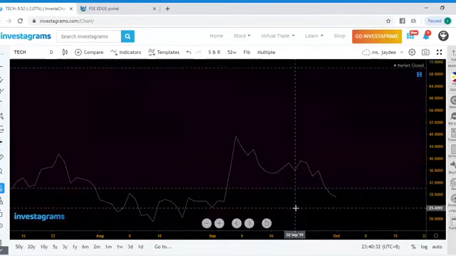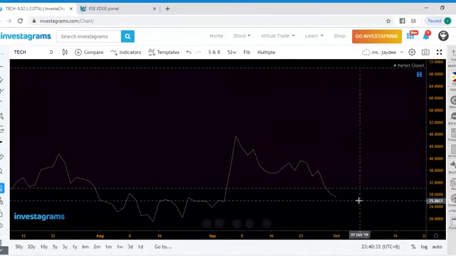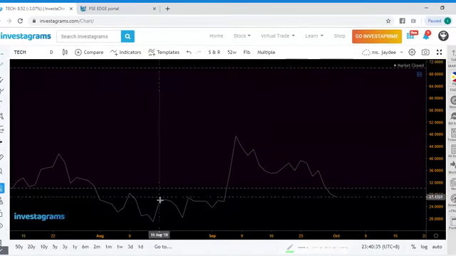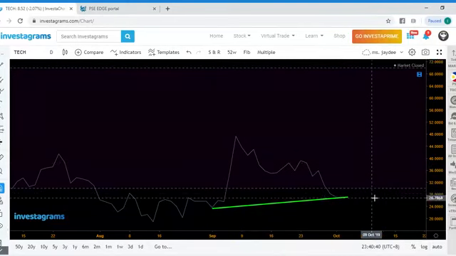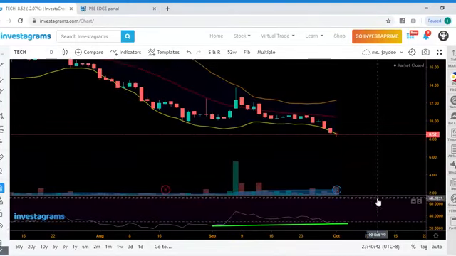But your RSI is now giving us an upward direction. So we're now starting to gain some momentum in terms of the buying activities for this stock.